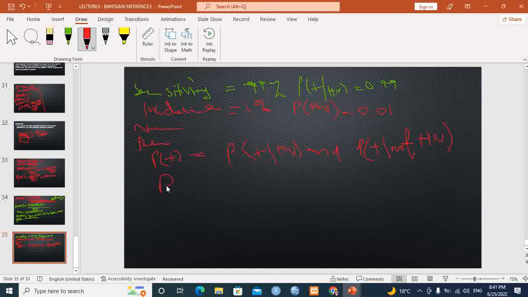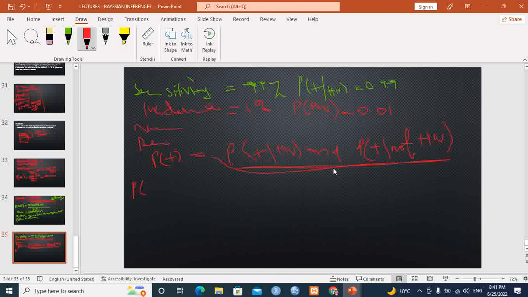Let's first type our formula. Here we can use how many ways you can be positive.